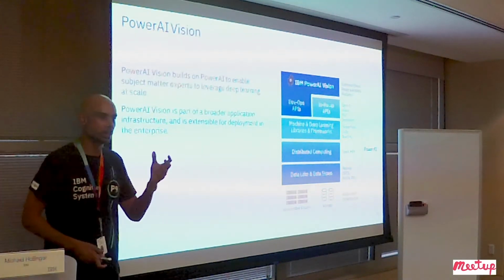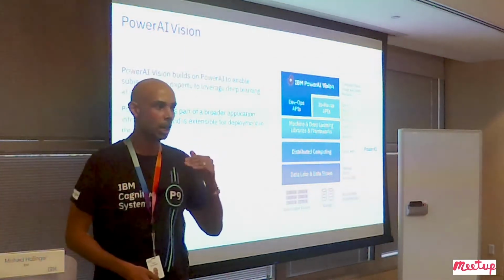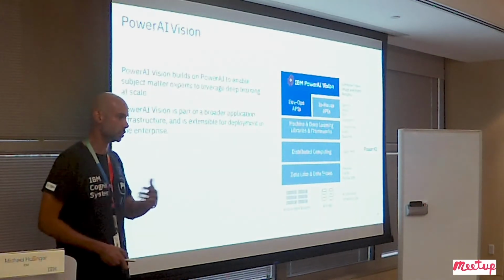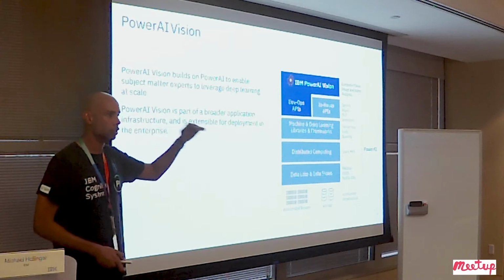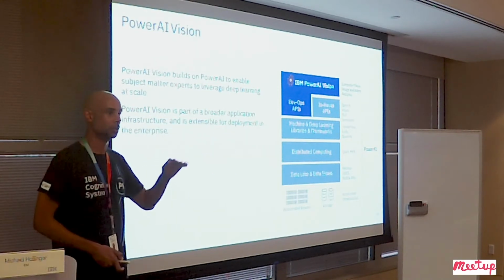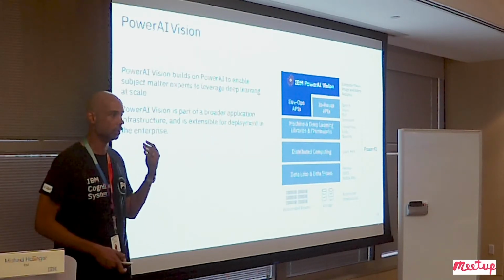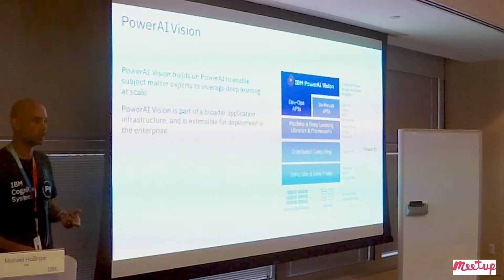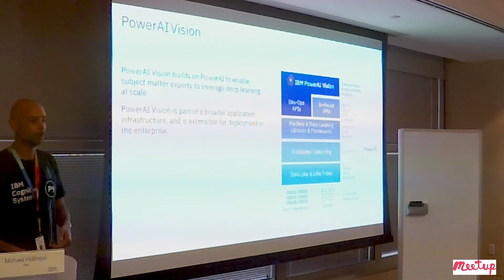Power AI Vision is an application that's optimizing that machine vision pipeline, which we'll talk about in a second, leveraging all the levels of optimization underneath it to help build a really easy to use, but still highly efficient piece of software and software-hardware combination.